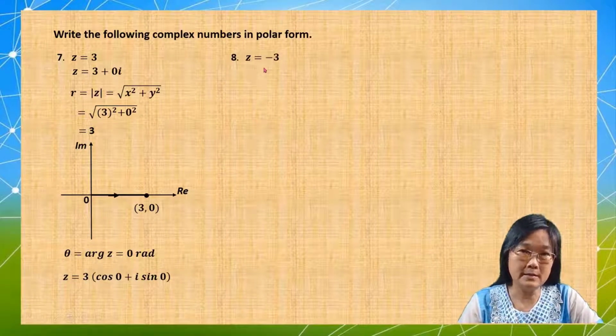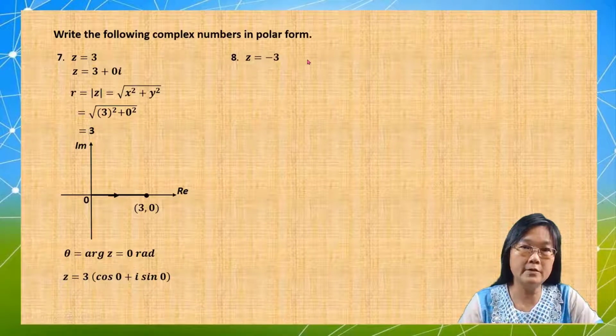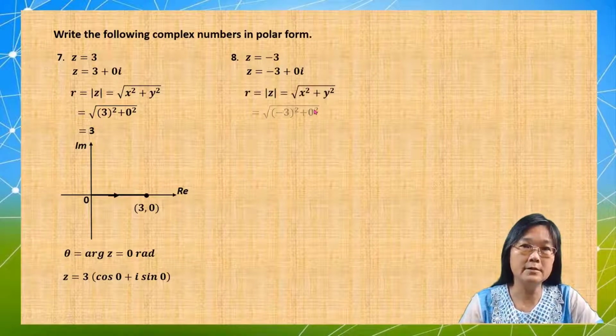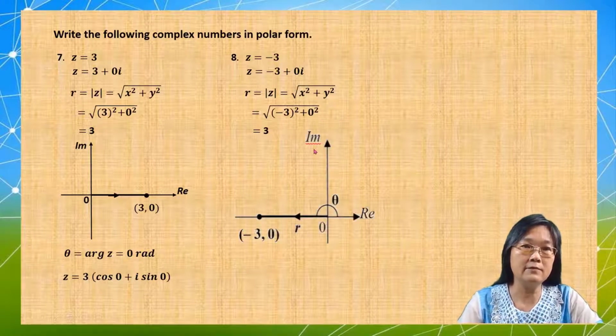Then when z is equal to negative 3, x is negative 3, y is 0. Now to find the modulus, when we sub the value of x and y, we find that the modulus is 3. Then as for the argument, from the diagram, the position of this complex number is at the negative real axis.